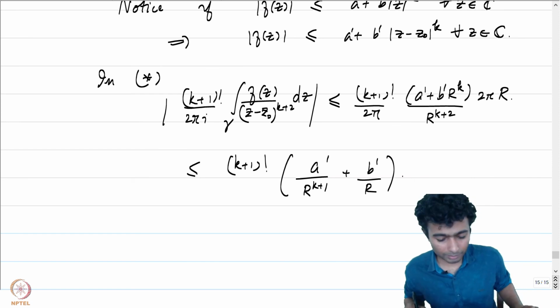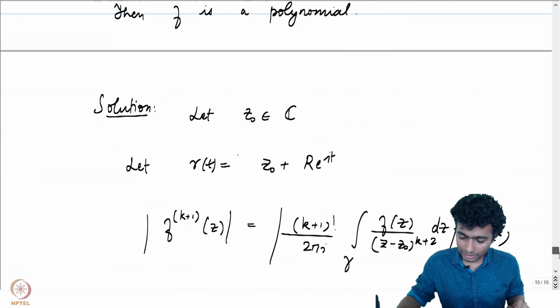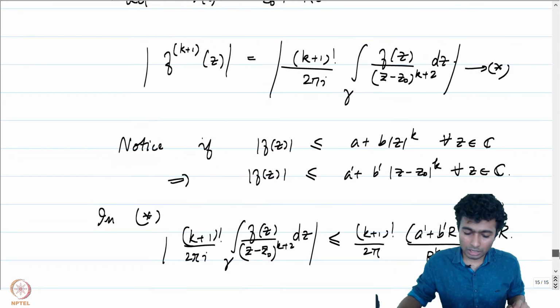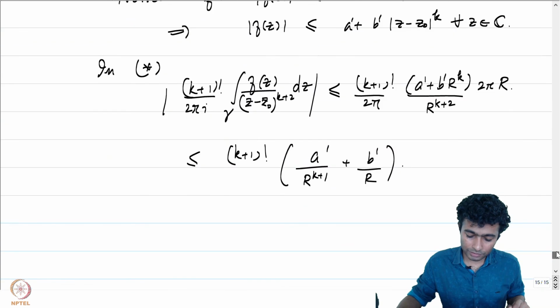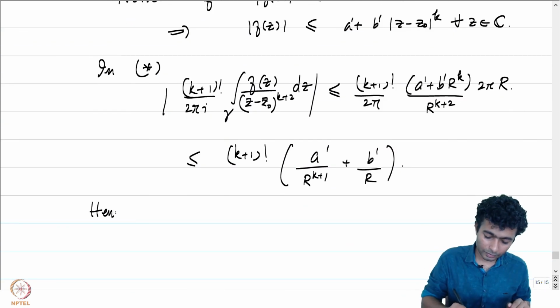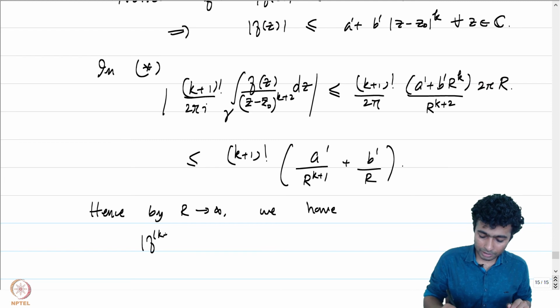So as you can see, the choice of k plus 1 was correct. So what do we have? We hence have, this is true for every r. So hence, by taking r going to infinity, we have the absolute value of f^(k+1) of z0 to be equal to 0.